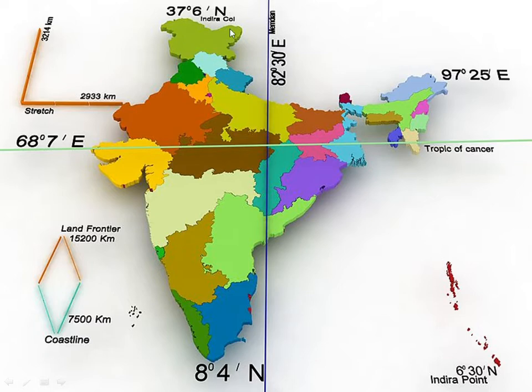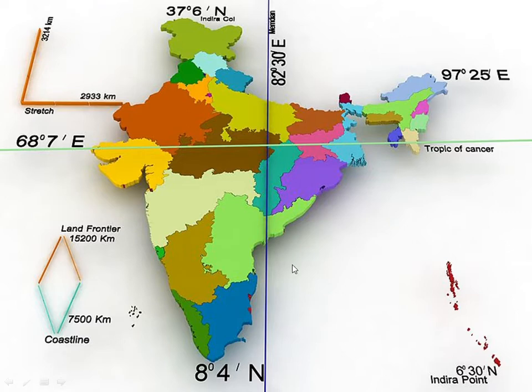If you are considering only the mainland of India, this is the latitudinal extent. If you also calculate the island groups, this latitudinal extent will vary: 6 degree 30 minutes north to 37 degree 6 minutes north. This southernmost tip is called Indira Point. If you account for the mainland, Kanyakumari, Cape Comorin, is the southern tip of the mainland. If you account for the island groups, our country's southern tip lies at Indira Point, 6 degree 30 minutes north.